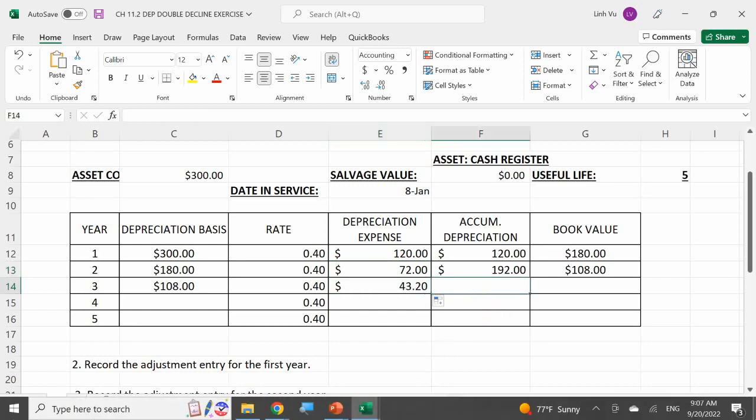So now I need to figure out what my accumulated is. So if I have, as of year 2, a grand total of 192, I need to add what I did for this year. So what's my accumulated depreciation? $235.20. So therefore, what is my book value going to be?